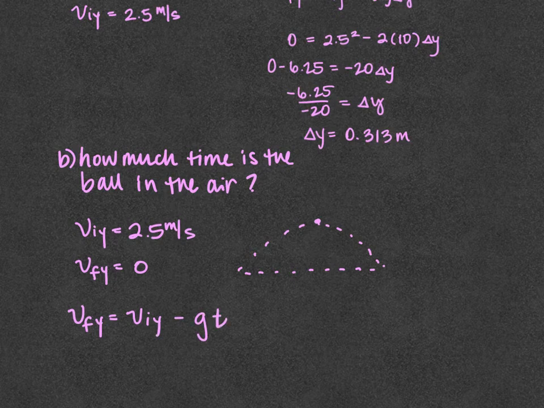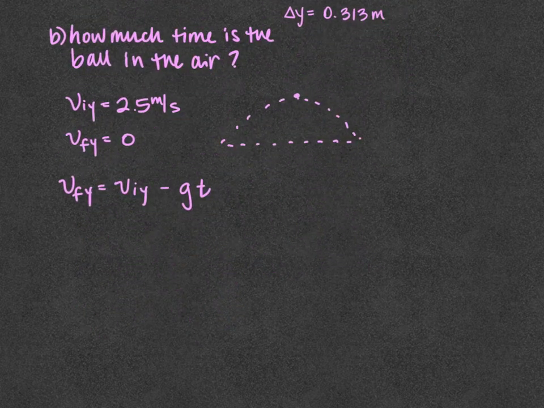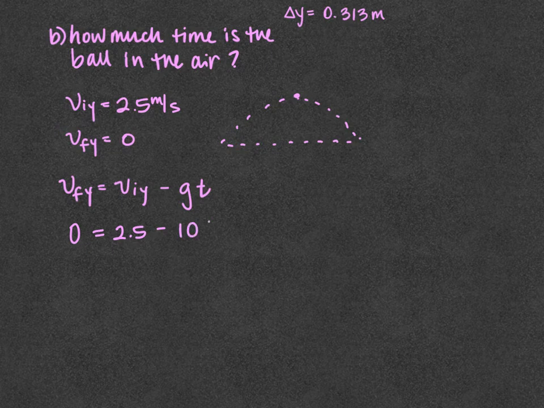We set our final velocity equal to 0, and we know our initial velocity in the y direction because we solved for it earlier. It's 2.5. We use 10 for g, and then 0 minus 2.5 is equal to negative 10t.